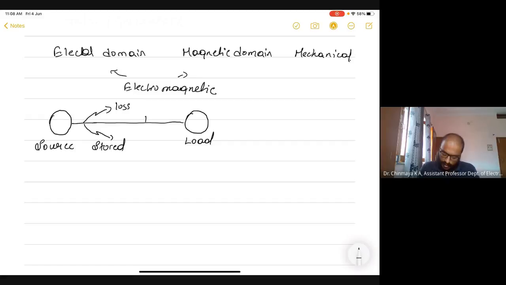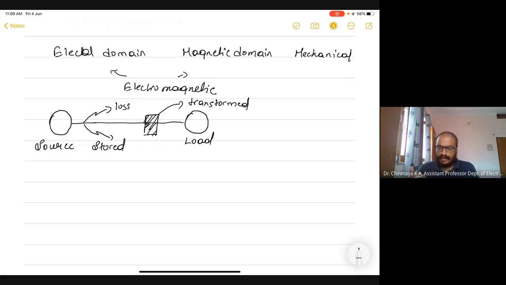Or energy can be transformed, on its way to the load, to another domain.